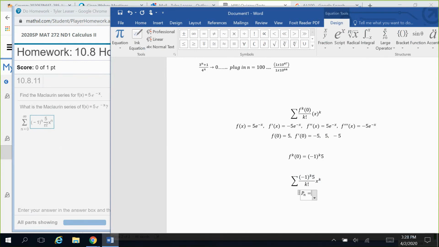Right. So just be plugging in the terms. The first one would just be 5, and then minus 5x, and then plus 5 halves x squared, and so on and so forth. You just have to plug in all these different x values to figure them out. Okay, thank you.